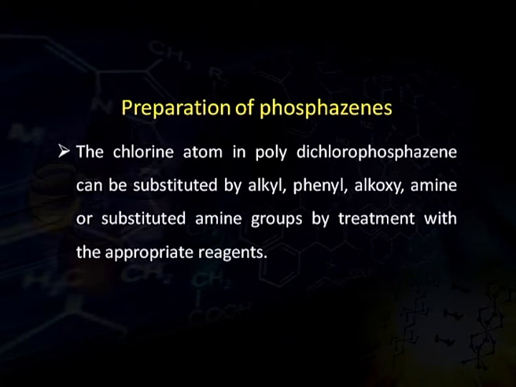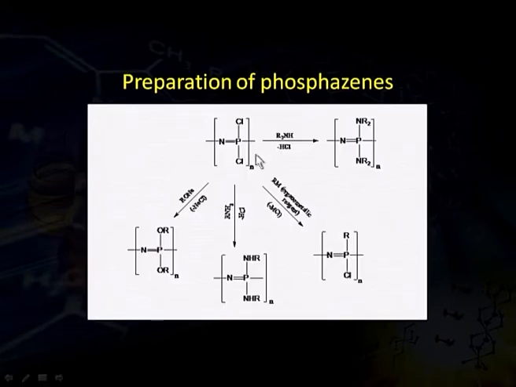So, here we can see we have this phosphazine. If we react it with this secondary amine, this chlorine group can be substituted by the NR2 group. If we react it with sodium alkoxide, this chlorine group can be replaced by the OR group, that is the alkoxy group.